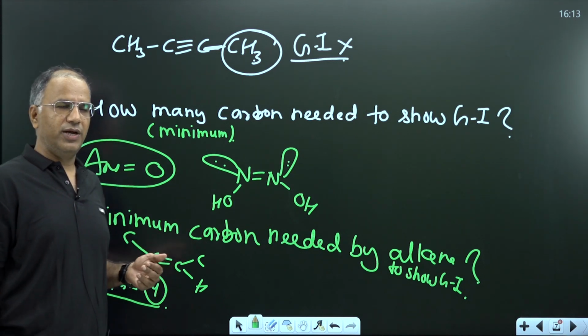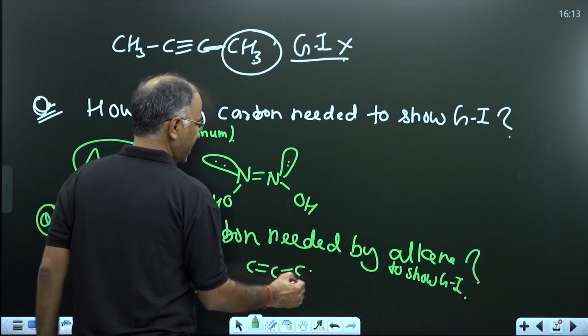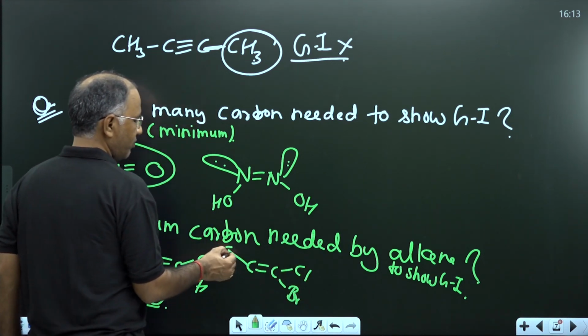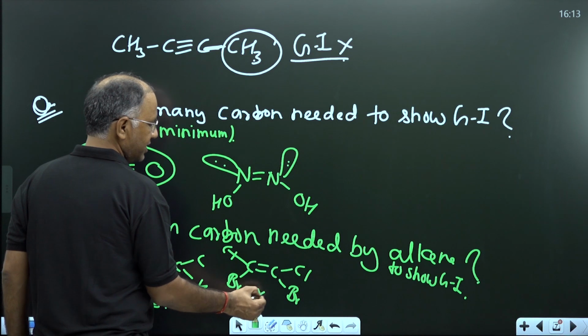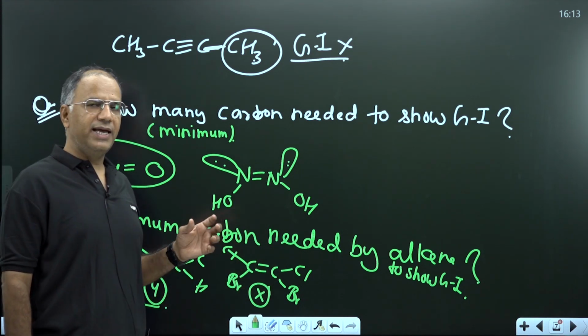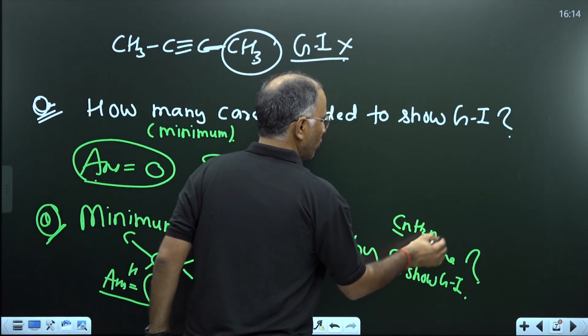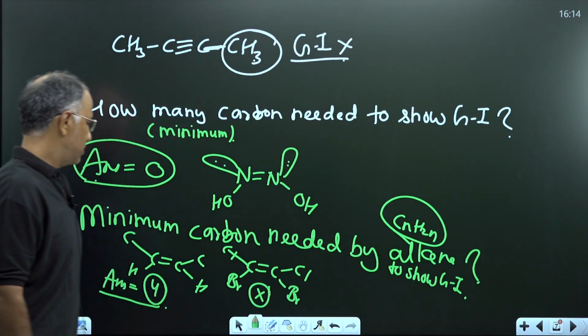show GI is 2-butene. Now you may have a doubt in your mind: why are we not taking this chloro, bromo compound? This is not an alkene, this is an unsaturated halide. Whenever the question says alkene, what do you have to take? You have to take CnH2n. You cannot take polyfunctional groups. Got it?